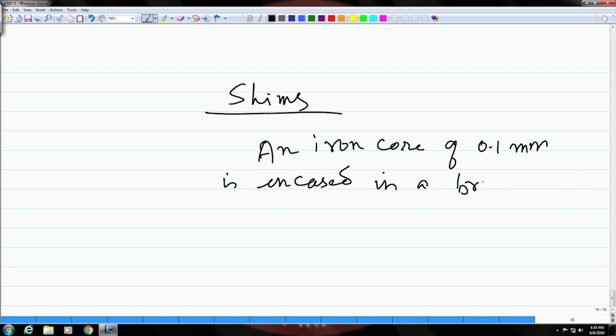So, this ferromagnetic iron core is coated by a thin brass casing. The magnetic core is coated by a non-magnetic material like brass of around 0.05 mm thick.